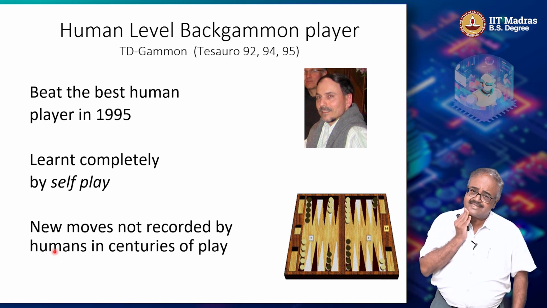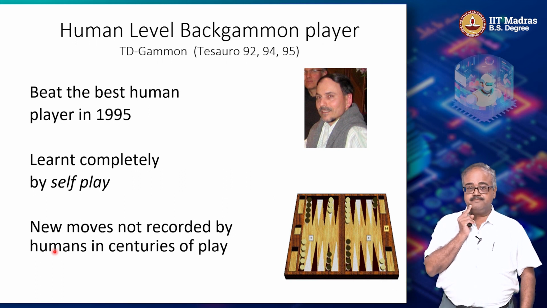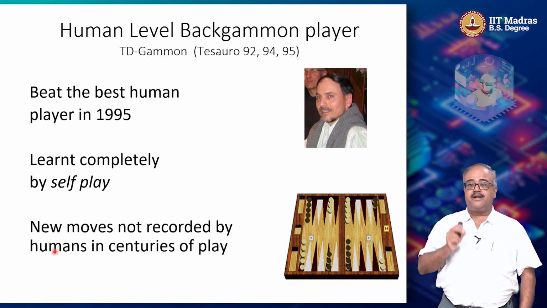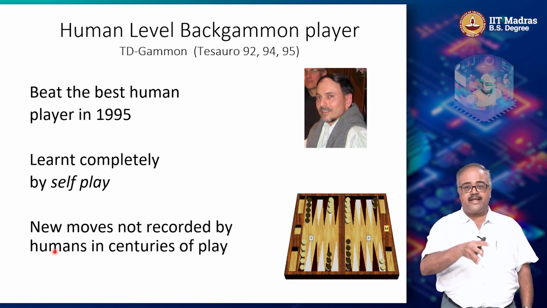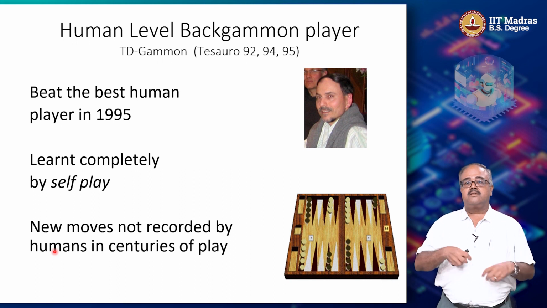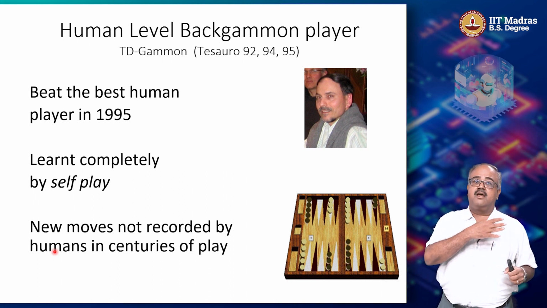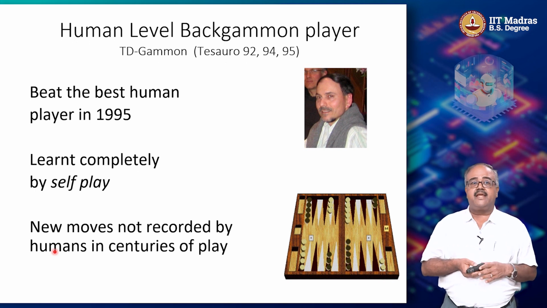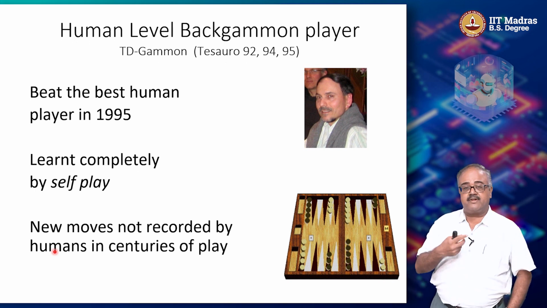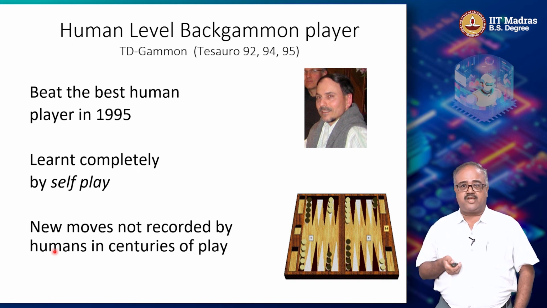It turns out that it's not an easy game for an AI system to play, primarily because there is a die roll involved, and that makes the whole thing very complicated. The number of possible moves that you can make in a given position depends on the different numbers you would throw on the die, and therefore using conventional AI techniques to learn to play backgammon becomes a little bit more challenging.